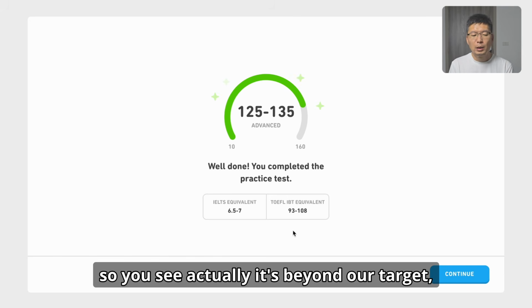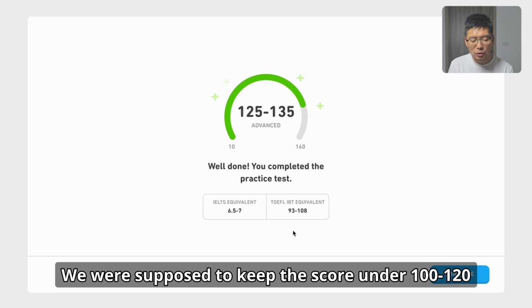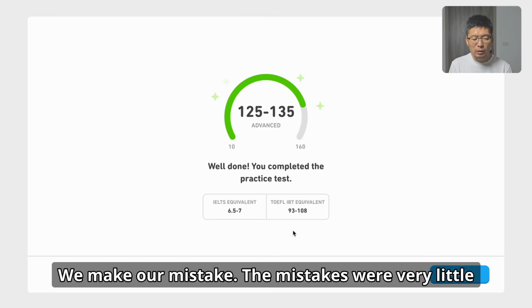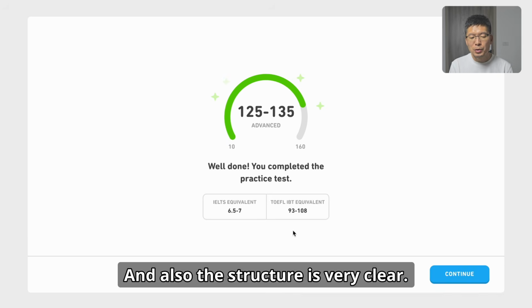Okay, so you see, actually, it's beyond our target, right? We were supposed to keep the score between 100 and 120, but maybe the accuracy, right? We made some mistakes, but the mistakes were very little, right? And also the structure is very clear.